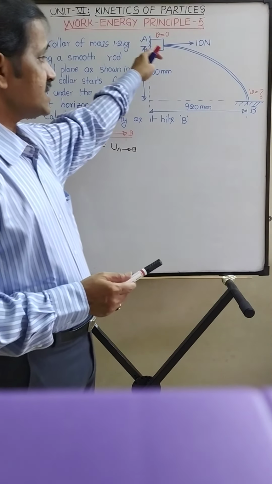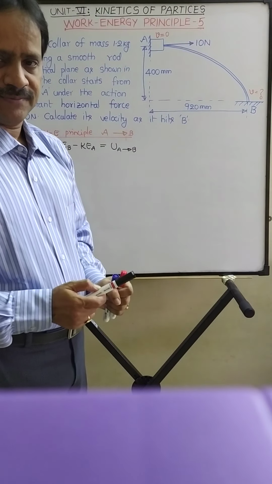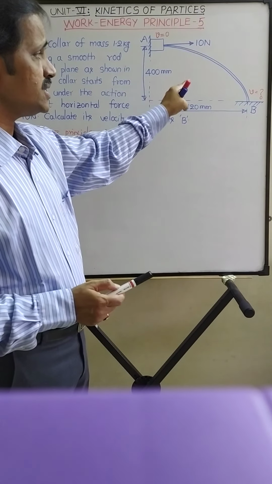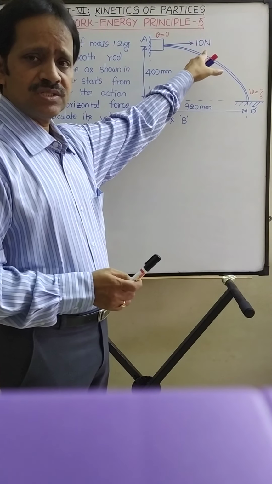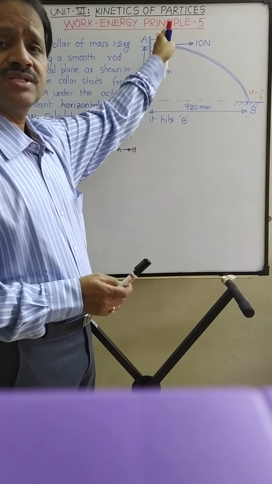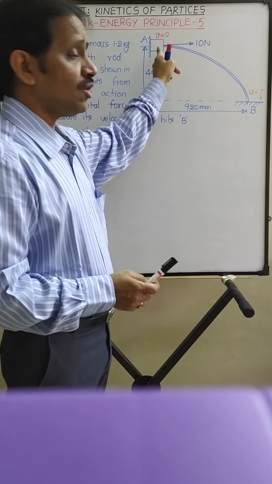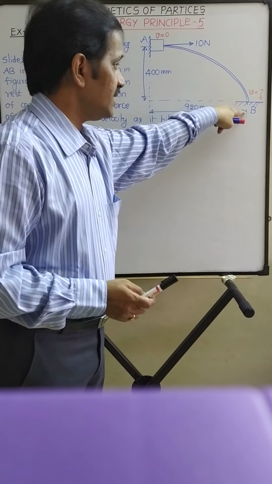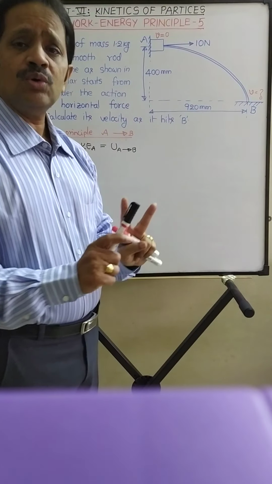Now when the collar is sliding from A to B, what are the forces doing work? First you tell me what are the forces acting on the collar. So one is the applied force, the second is the mass of the collar is given 1.2 kg, so there is a gravitational force. Third is the normal reaction, normal force offered by the rod on the collar, and being it is smooth, there is no friction.